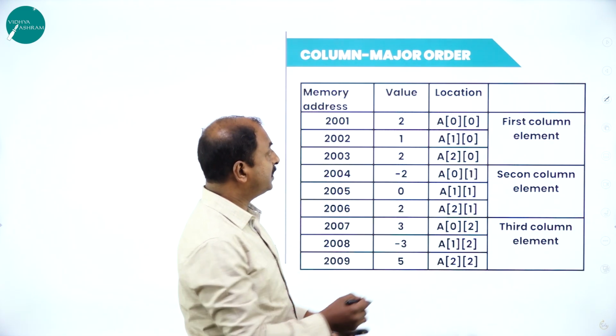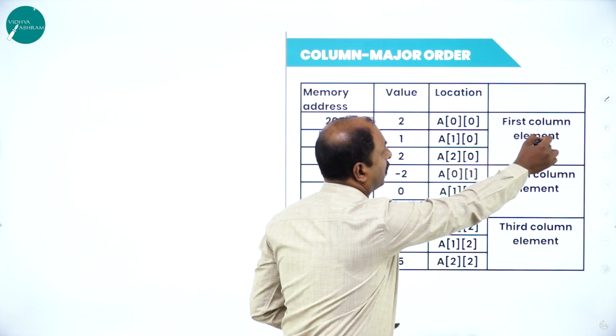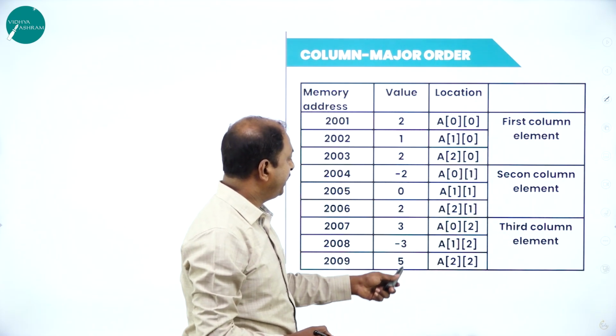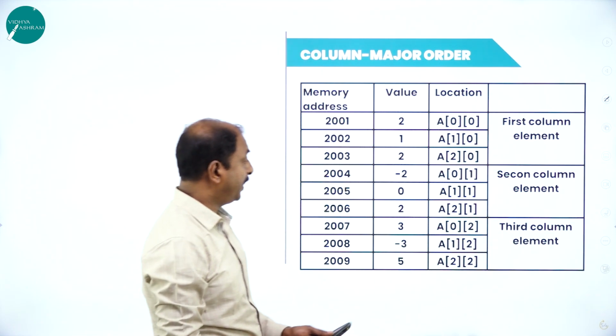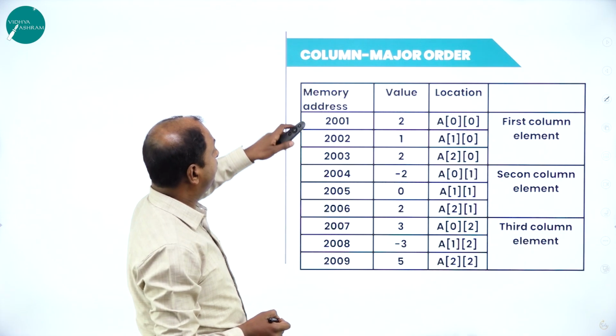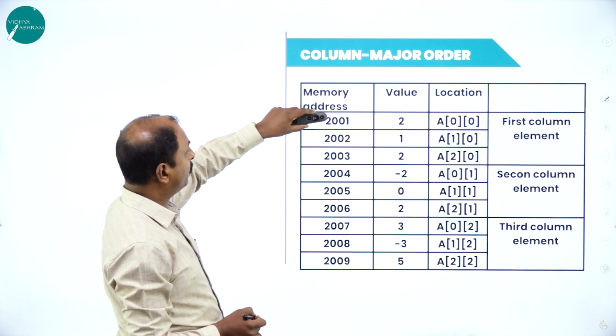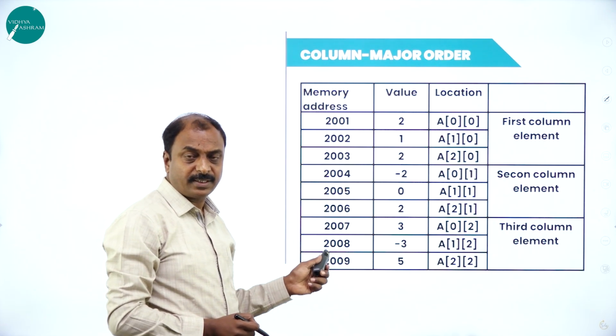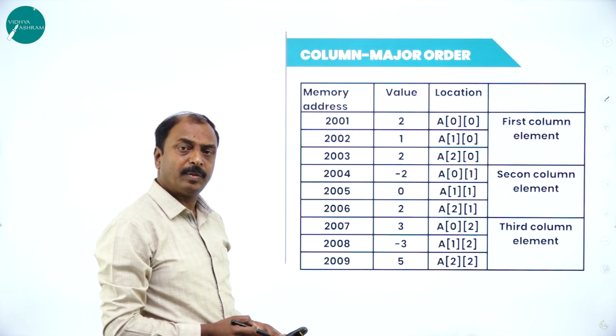And if you observe this, these 3 are the first column elements, these 3 are second column elements, and these 3 are third column elements. Now, as per the definition, the addresses run from 2001 up to 2009 because there are 9 elements. So there are 9 different memory addresses.